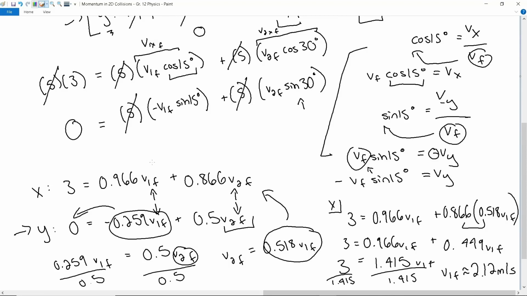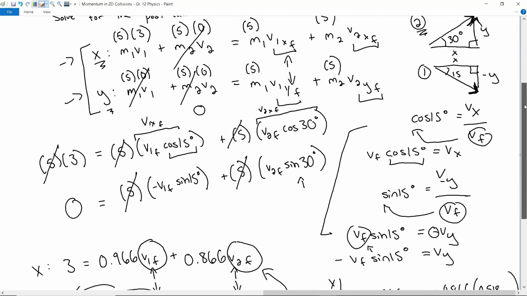So we solved for one velocity. The way we would solve for our second velocity is just by plugging in 2.12 into either equation and figuring out what v2f is. So you can try that on your own.